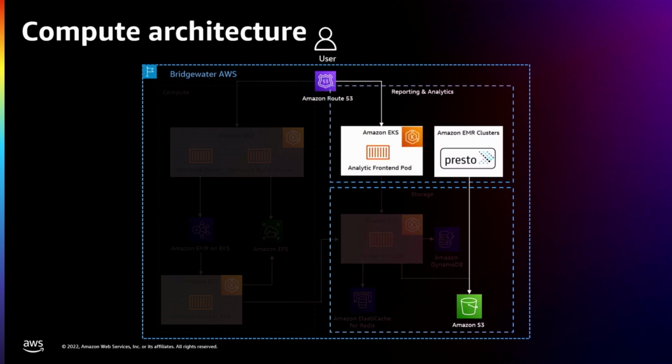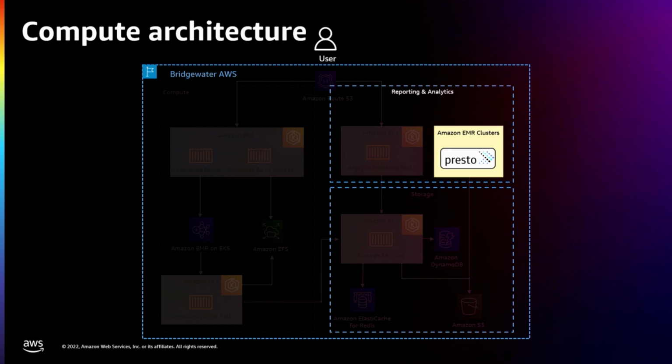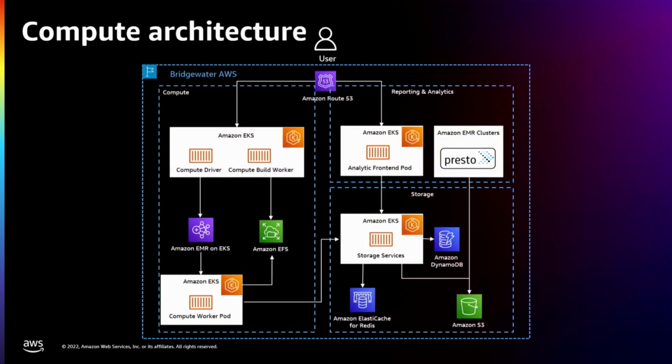The final component for us is our reporting and analytics platform. We have a series of visualization and reporting tools that our researchers use every day. Today, I'm going to talk to you about introducing a new component to this architecture, which is Amazon EMR Presto. This component we introduced to solve this inspectable model problem.